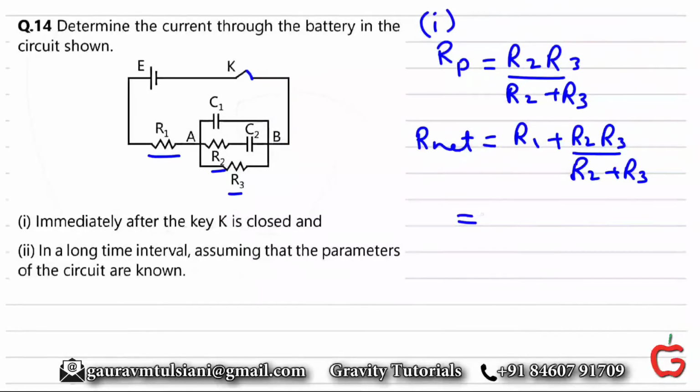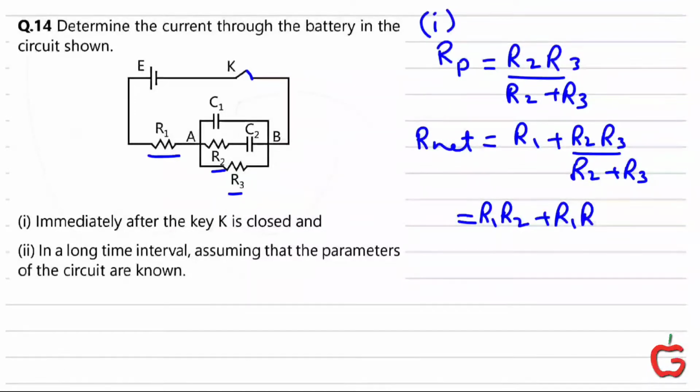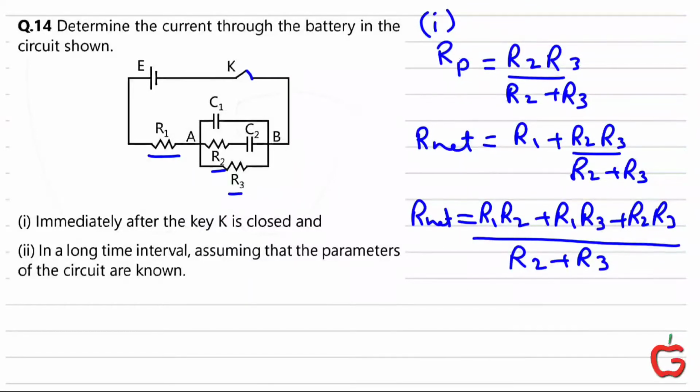That is, taking the LCM, R1 R2 plus R1 R3 plus R2 R3 by R2 plus R3. So this is the net resistance.